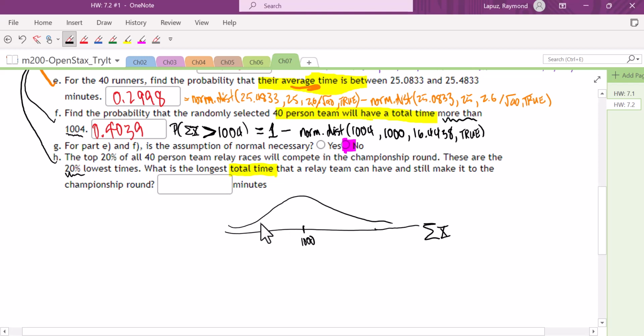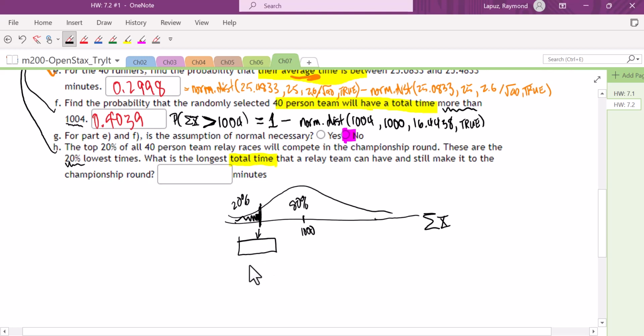We want the lowest 20%. So this is 20%, and then this must be 80% here, but we're not going to care too much about that. So we will use our inverse norm function to figure out what this value is.